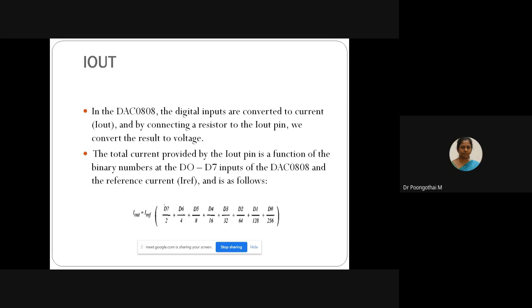So I out is the output signal of your DAC. This I out of the DAC depends on the I reference current flowing into V reference and the status of all your digital inputs from D0 to D7. D0 is your LSB and D7 is your MSB.